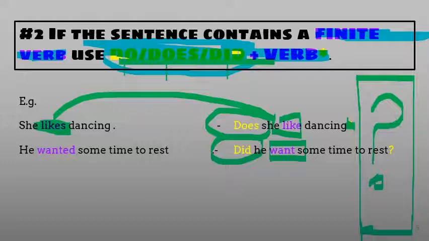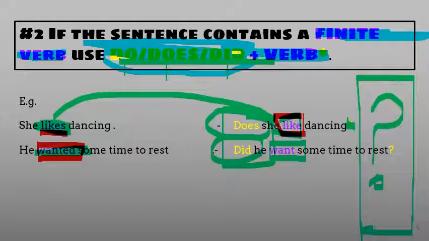Now let's just quickly look at two things here. First of all, we are going to look at do, does, and did, and when to use which one in the next slide. But what I want you to focus on at the moment is the following. Can you see that here my verb is in the simple present tense form? She likes dancing. But over here, my verb is in its most simple form. In my second example, my verb was in the simple past tense form.